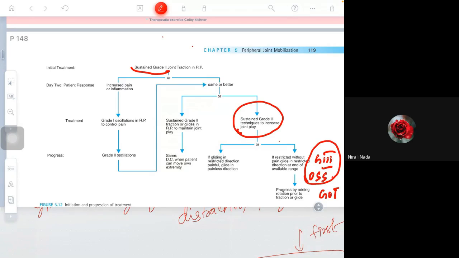Clear? So after grade 2 distraction, what glide can you give maximum? You can select either grade 1 or grade 2. Because already you had given grade 1 distraction, no need to give grade 1 distraction for oscillation.